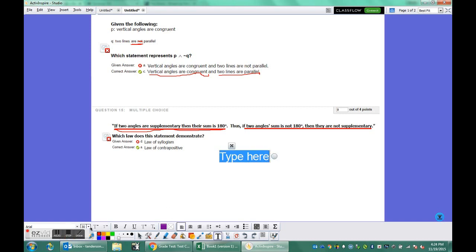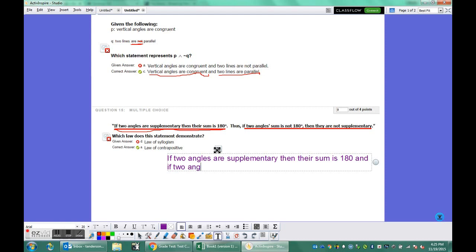If I had law of syllogism, it would have had to be something like this. If two angles are supplementary, then their sum is 180. They would have also had to say something like, and if two angles sum is 180, then something else.